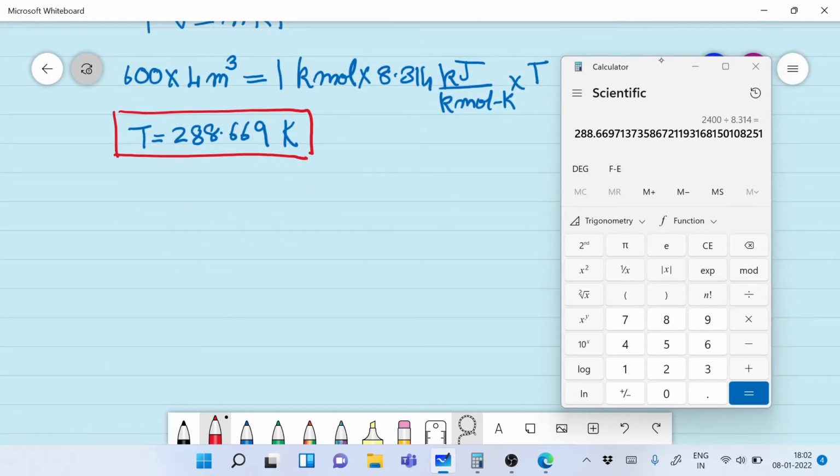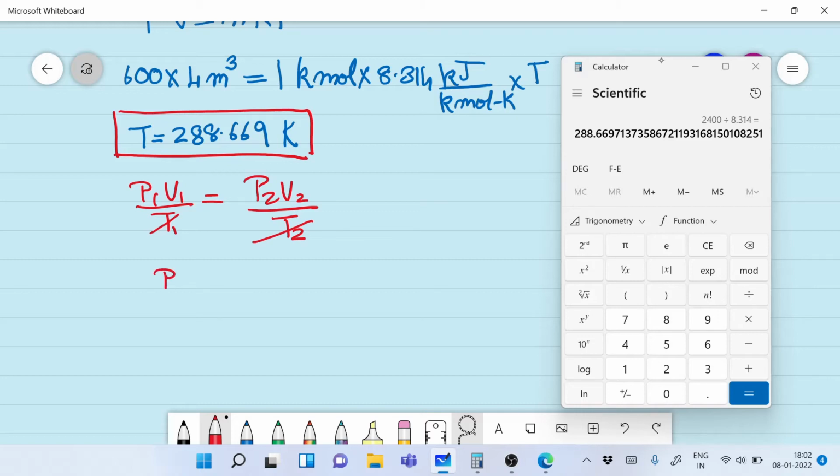Now let's find our final pressure. Now we know that P1 V1 by T1 is equal to P2 V2 by T2. We cancel out T1 and T2 because T1 is equal to T2. That is, initial temperature is equal to the final temperature.